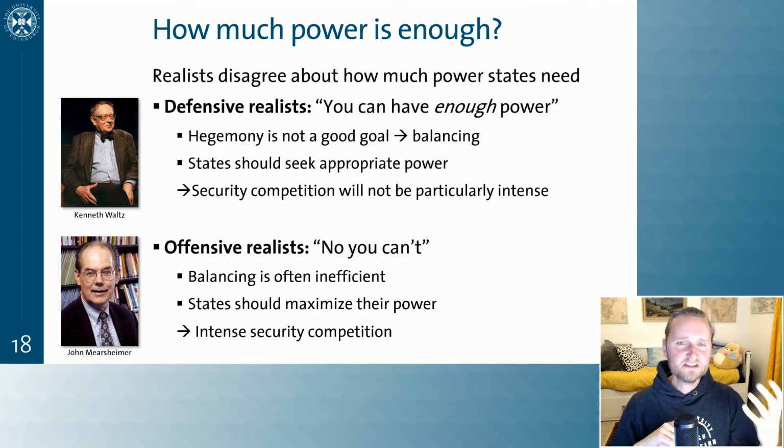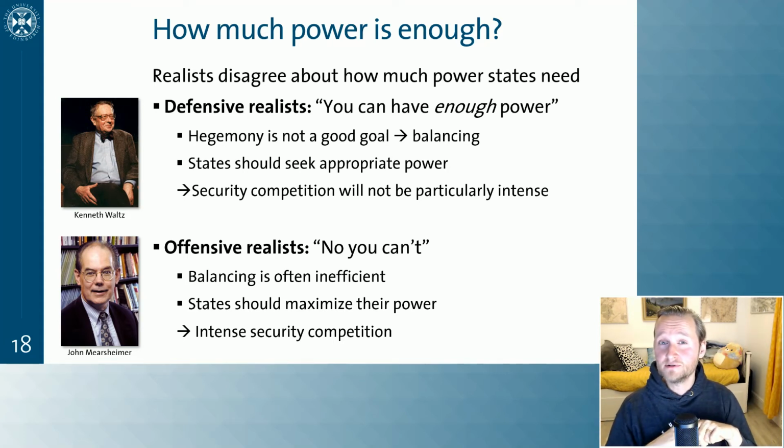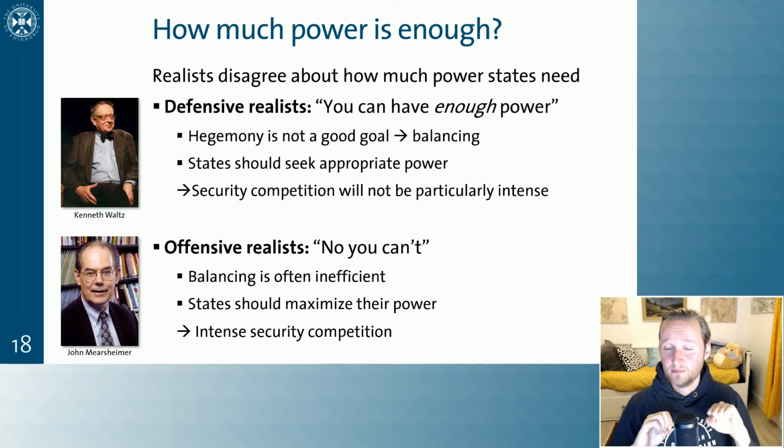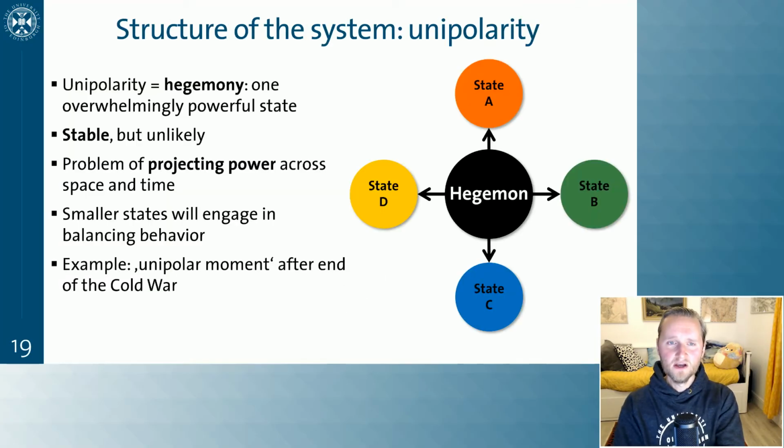And he says it's always a good idea to maximize the amount of power that you have, because after all, you aren't really sure how much power the others have, so there's no real point in stopping before you have everything that you can. And that means that in a Mearsheimer world, in a world of offensive realists, there's an intense security competition between states.